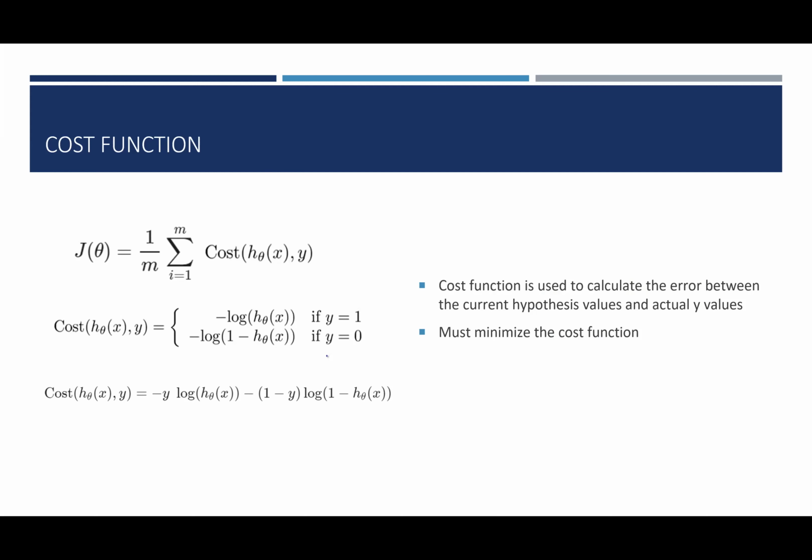For example, you can combine those two equations into one, because when, let's say, y equals 1, the term for the case when y equals 0 will just disappear, because 1 minus 1 is 0, and anything multiplied by 0 is 0. And same thing here, if y equals 0, this first term is going to be taken out of the equation, and you're only going to be left with the cost function for the case that y equals 0.